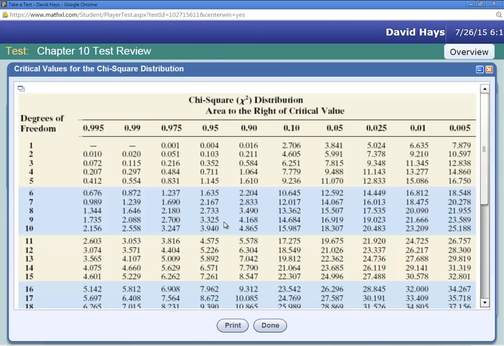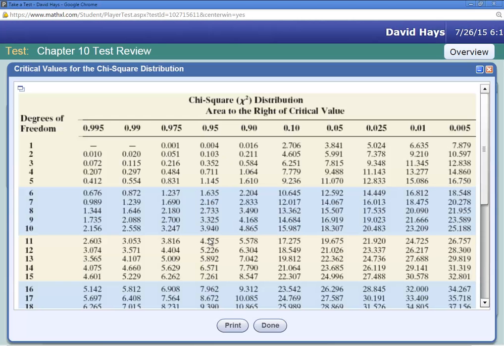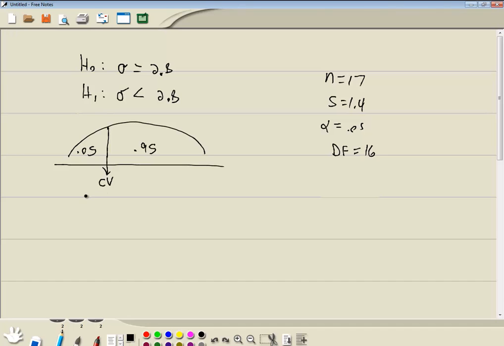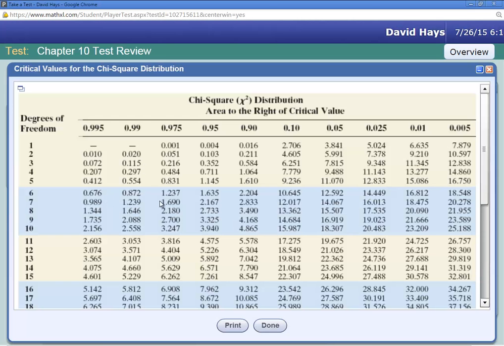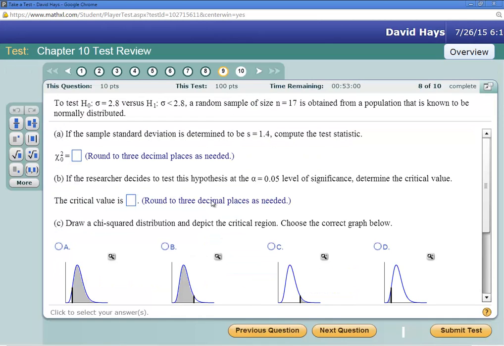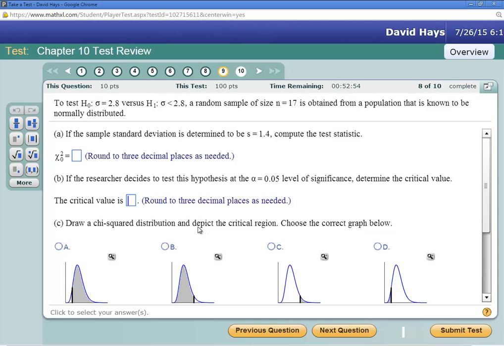So go over here and use this table. Okay, degree of freedom of 16 and area to the right 0.95. 0.95, 16 would be 7.962. Let's hope the numbers didn't change as I went over there. Okay, what's this one say? That's a test statistic. So the critical value is 7.962.